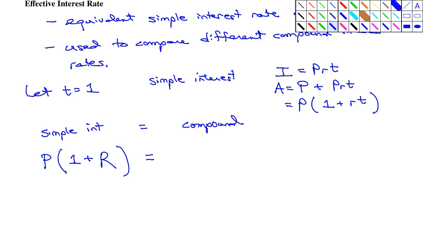This big R is going to be the effective interest rate. Now the compound interest for this would be P times 1 plus little r over n raised to the n, and then it should be a t, but the t is 1, so we'll just leave that off.